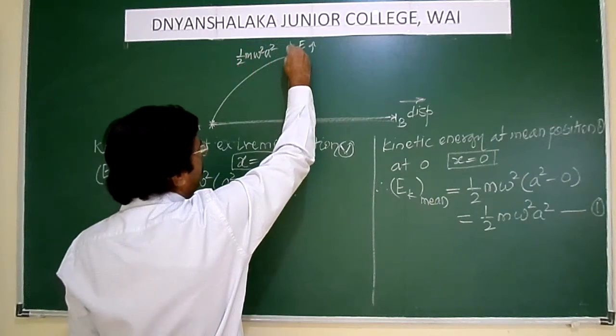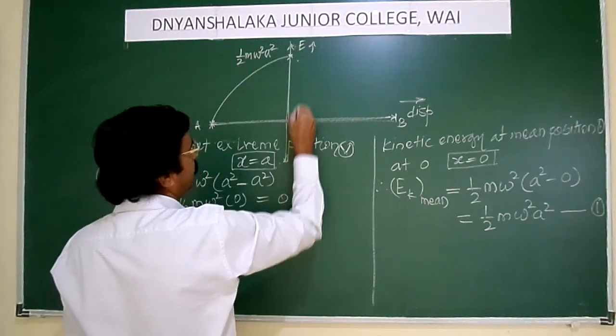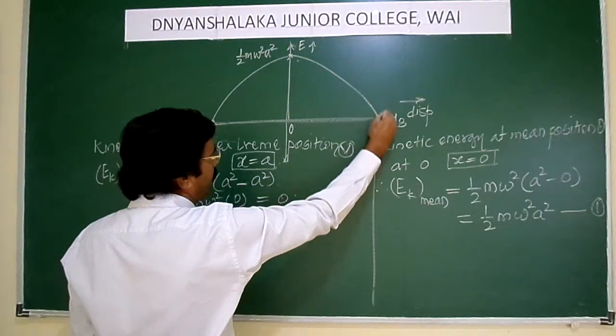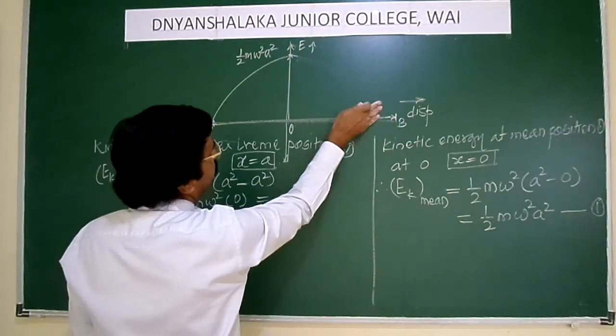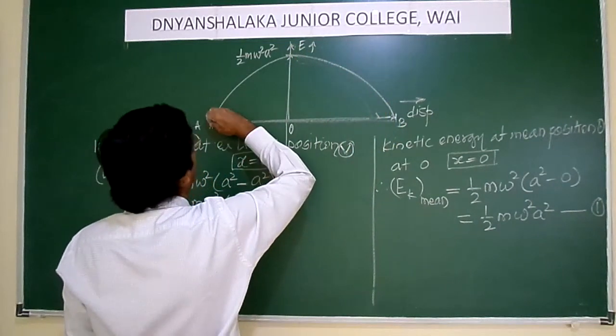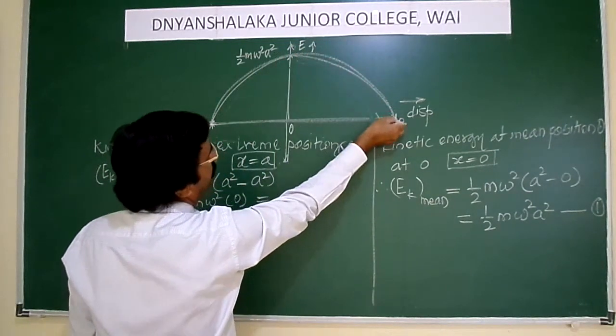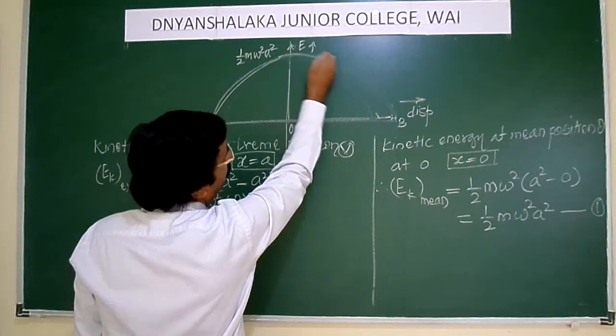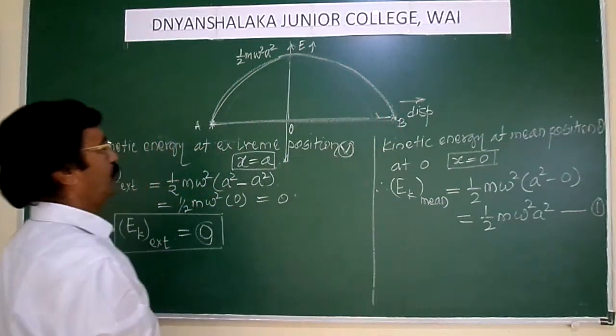And as the particle crosses the mean position, again it goes on becoming zero.